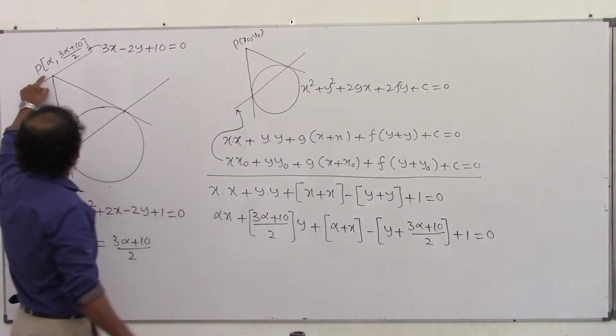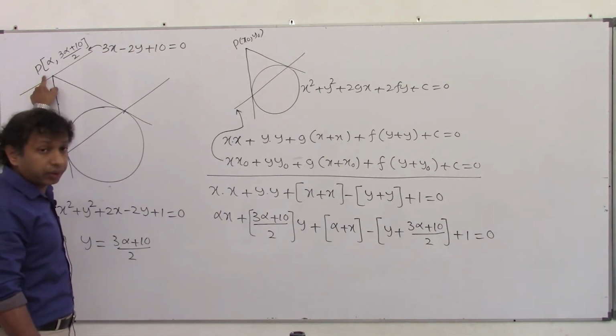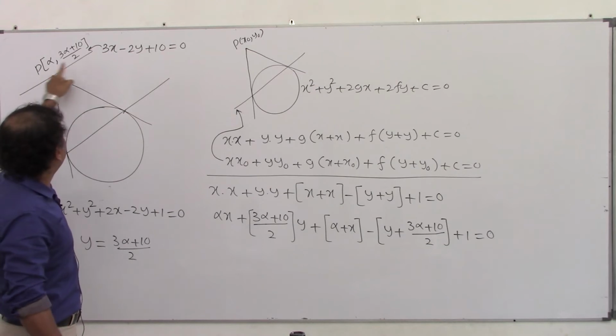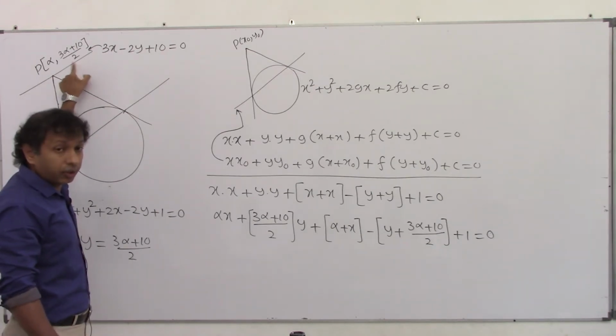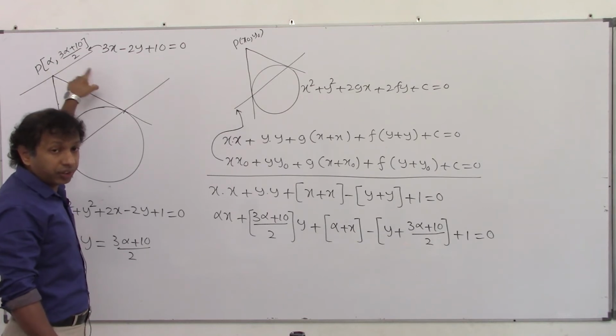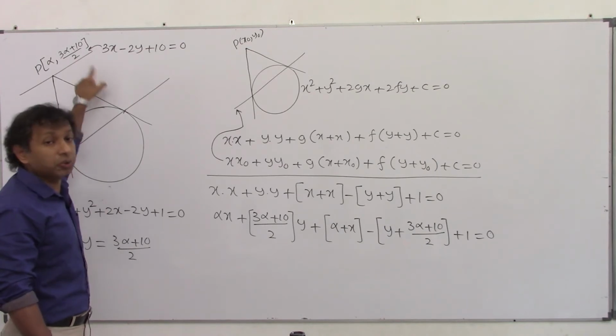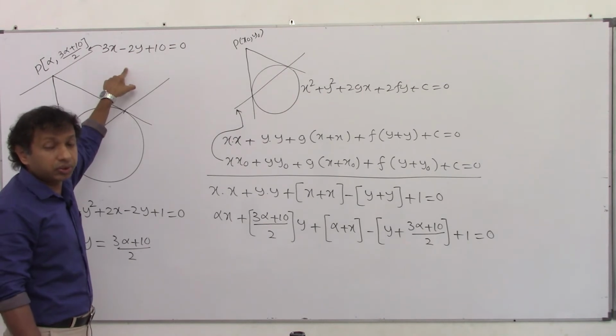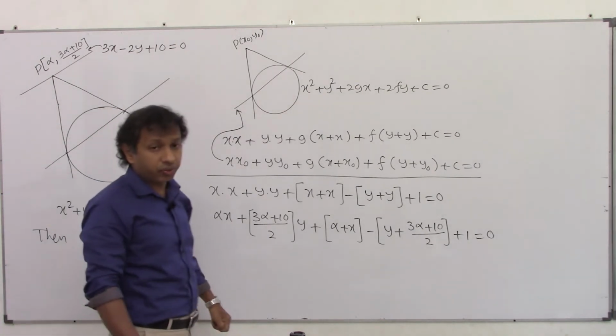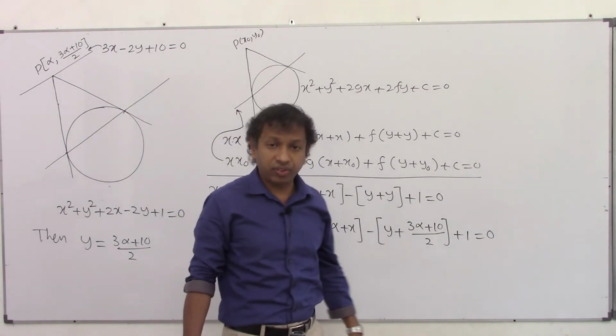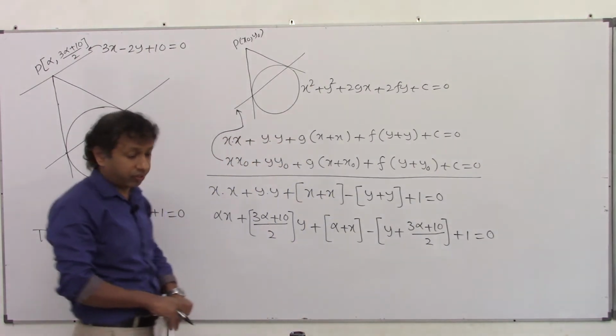P is a variable point, that's true. When P varies from here to another point on the line, for that point there is a definite value for this alpha. If the point P stays without moving, then alpha is a constant. Now, alpha changes to a new value if this point P goes to a new position. Such variation we identify as a parameter. So alpha is a parameter.